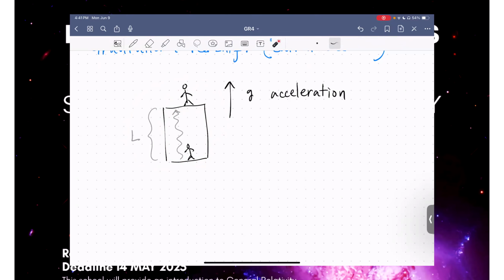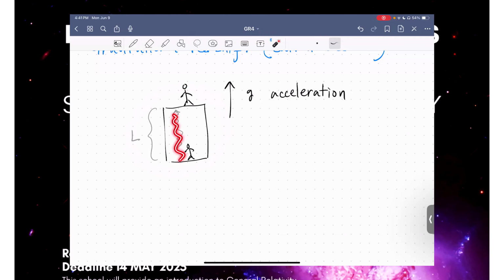Very well. But what happens a bit later when that light reaches the ceiling? Your initial reference frame is not accelerating, right? It is stationary. But this elevator is accelerating, so its velocity is going to change.